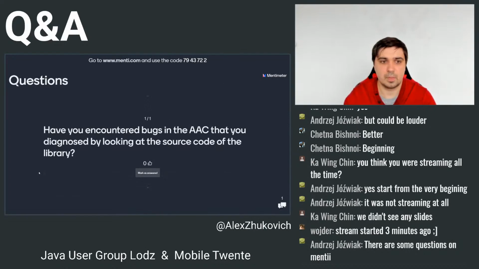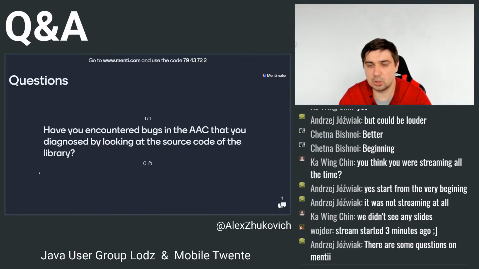Have you encountered bugs in Android architecture components that you diagnosed by looking at the source code of the library? No, because in my case, what I usually do is, when something is not working, I go deeper into the source code and check how it works inside.